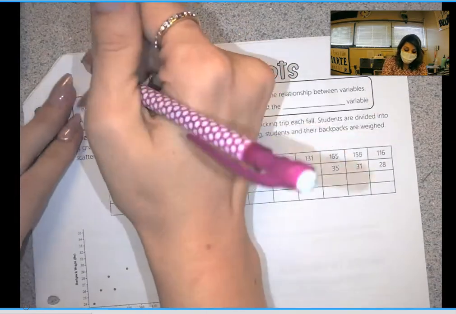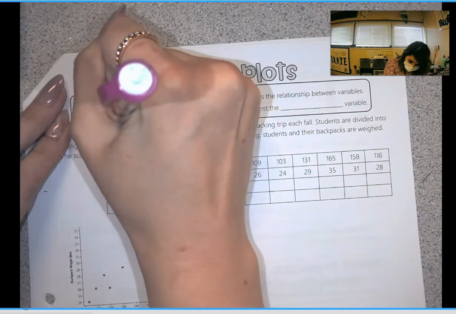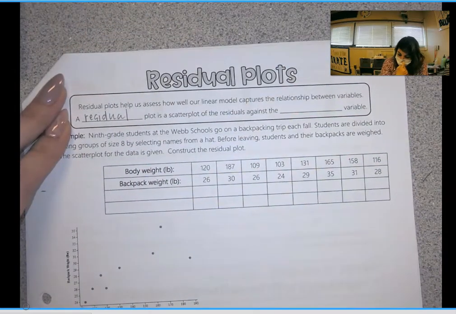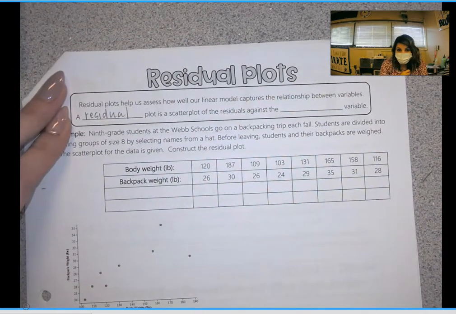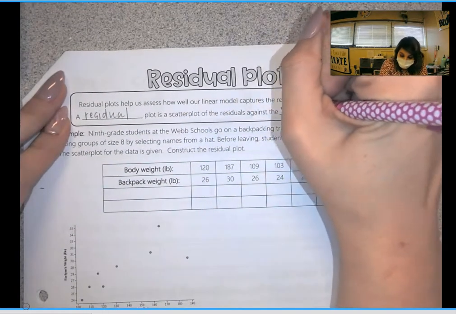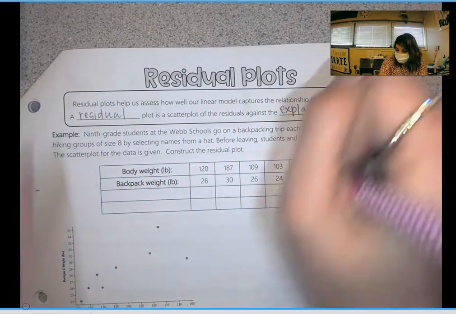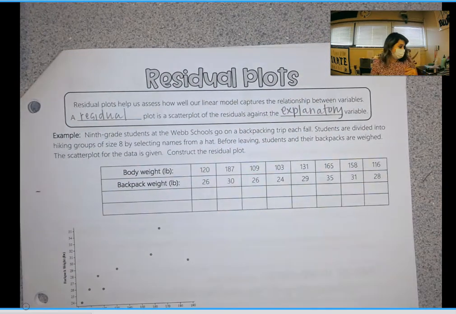A residual plot is a scatter plot of the residuals against the explanatory variable. That may not make a whole lot of sense at this point. Hopefully, by the time we get to the bottom of this paper, it makes a lot more sense.